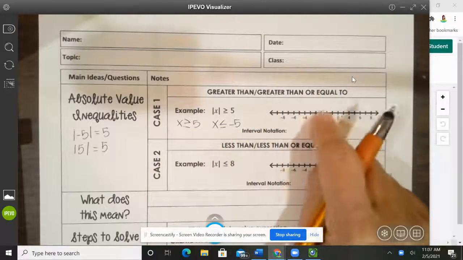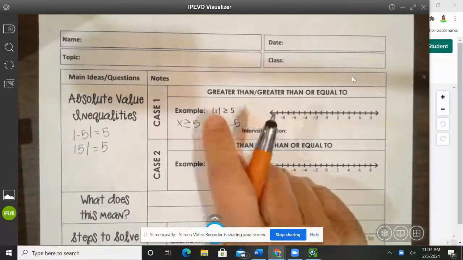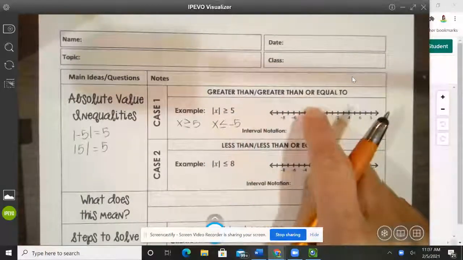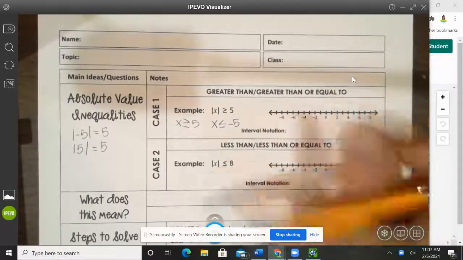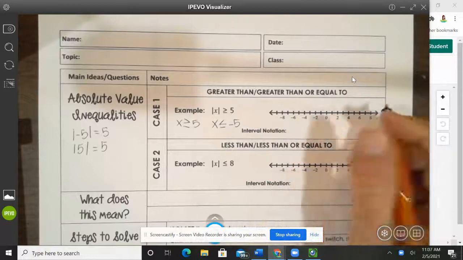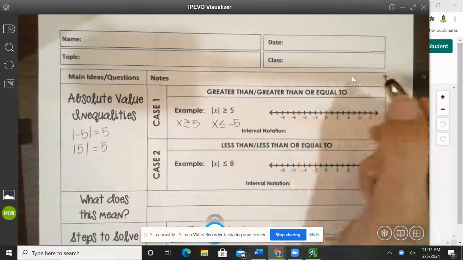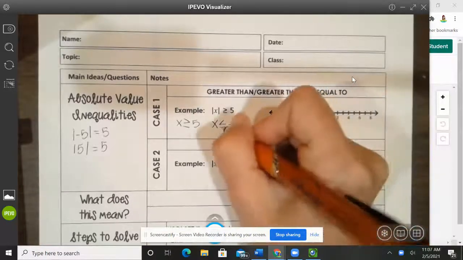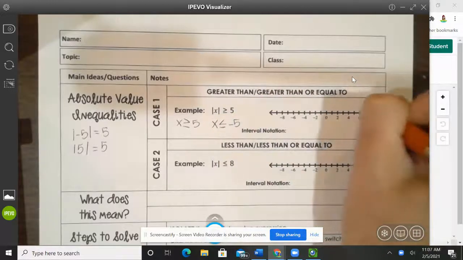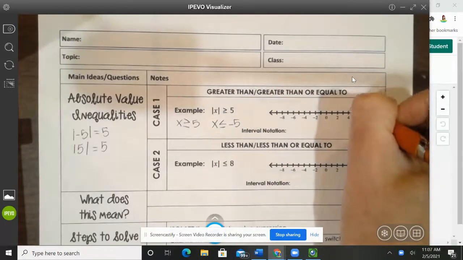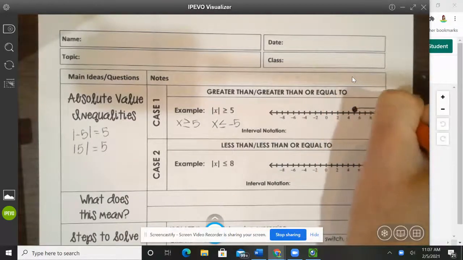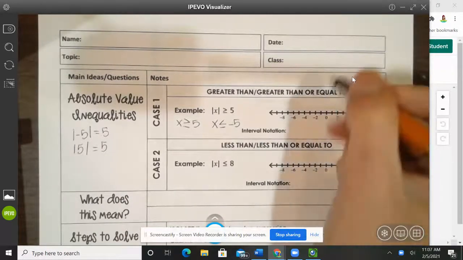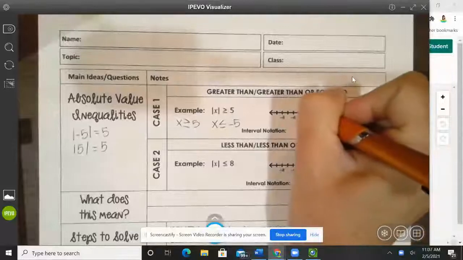So this number one case, greater than, is going to look like an "or" graph, okay? So it's going to go in both directions. They both have equals, so we find 5, and it has a closed circle and it goes all the way to infinity. And then we find -5.